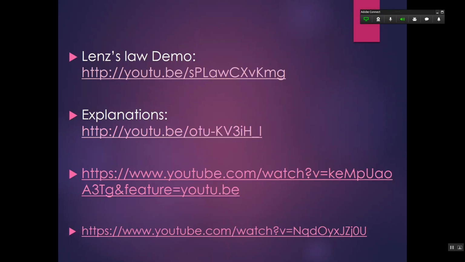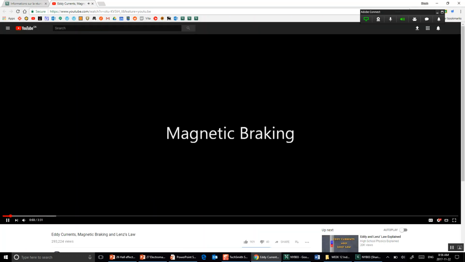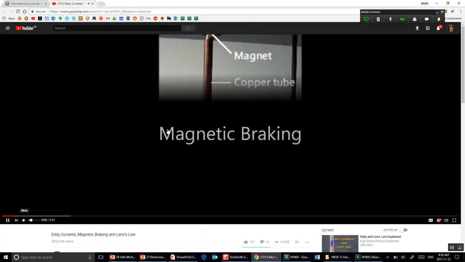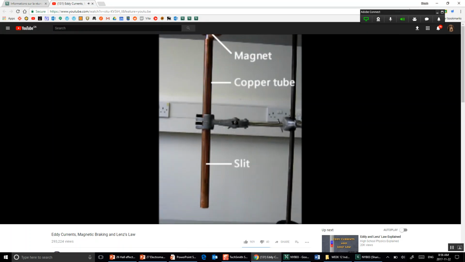Magnetic braking is a type of braking which doesn't rely on mechanical pressure, as is common in most braking systems. We'll demonstrate this type of braking using a magnet and a copper tube. Unlike iron, copper is not a magnetic material, so the magnet won't physically stick to it. Therefore, magnetic attraction cannot be the reason for any slowing in the fall of the magnet.